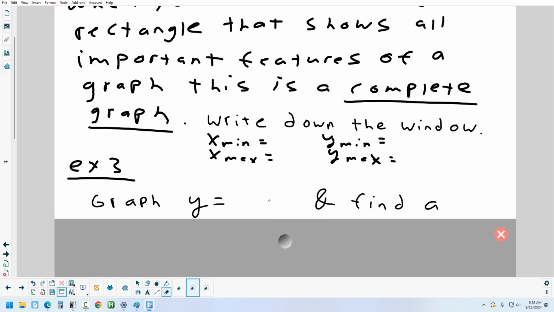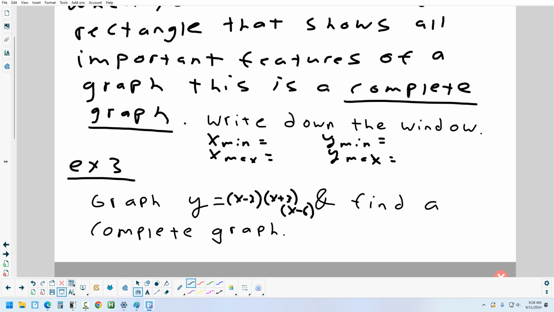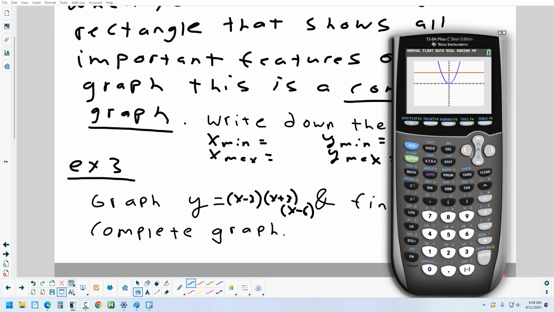All right, and I think we did that one yesterday. Let's try a different one. Let's try x minus 2, x plus 3, x minus 6, all in parentheses, just exactly like that. I'm going to type that in. Okay, so we don't want anything cut off.